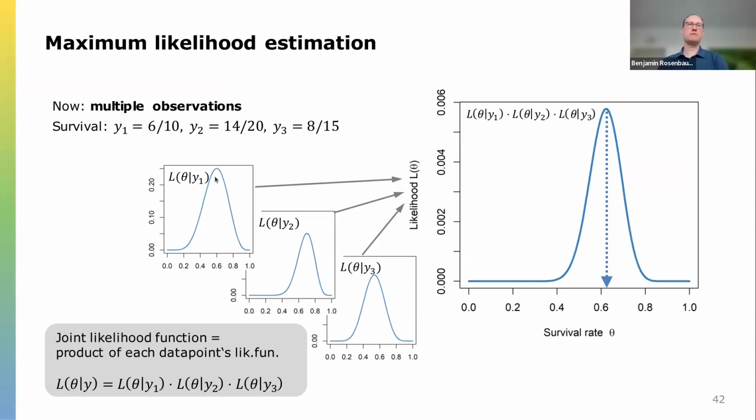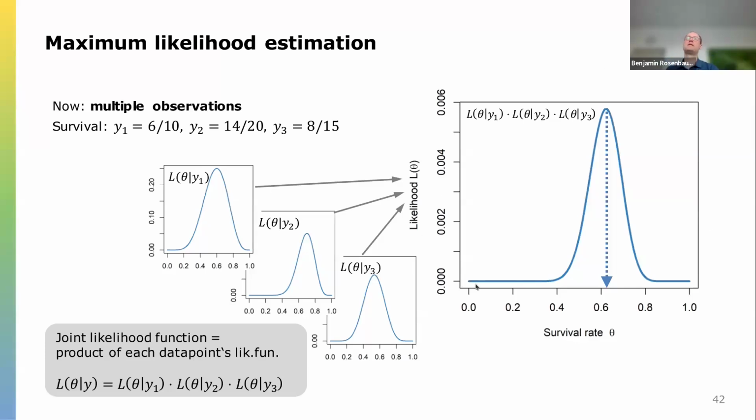Here, for each of these single observations, you can define your likelihood as we just did. So you get 3 different likelihood functions. And by multiplying them, you get a joint likelihood function for your whole data set.